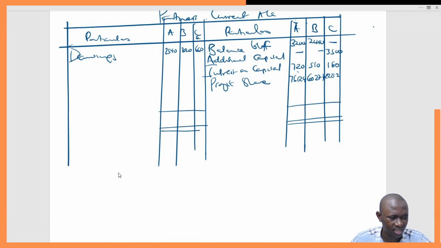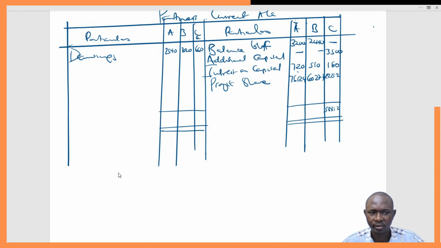Get the side with the highest figures. I bet it must be this side. You can see the figures. So 35 plus 160 plus 2221.2 gives us 5881.2.